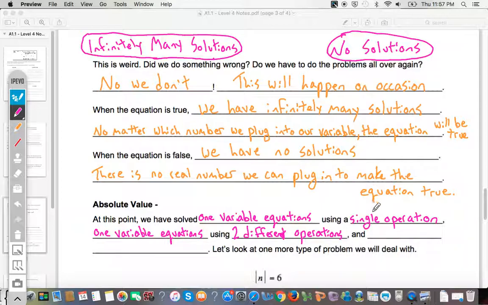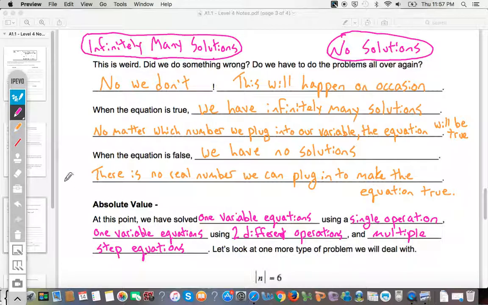And we've also solved multiple step equations, so the ones we had to play around with a lot to get the variable by itself. So now we're doing absolute value. Let's take a look at this example down here.